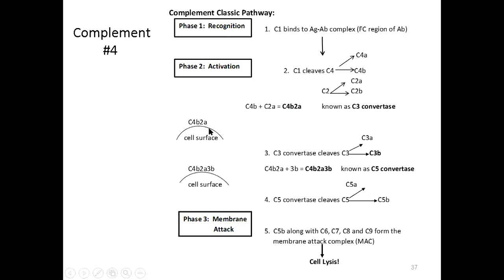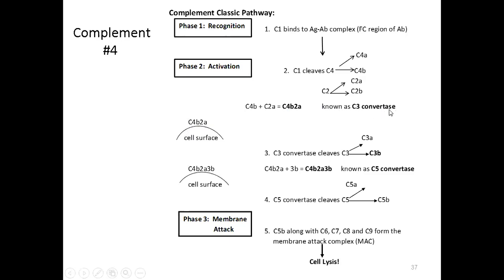Now, here's something I do want you guys to remember. Any convertase enzyme, no matter what complement system you're looking at, no matter which pathway it is, classic or alternative, the job of a convertase enzyme is to cleave whatever's in its name.